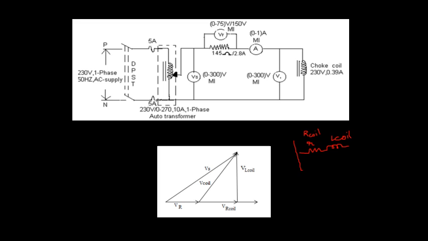This entire combination of a resistance and an inductor comprises a choke coil. Now we have to see how to draw the phasor, or vector representation, for this circuit diagram.